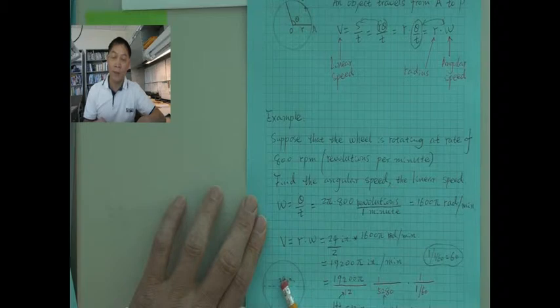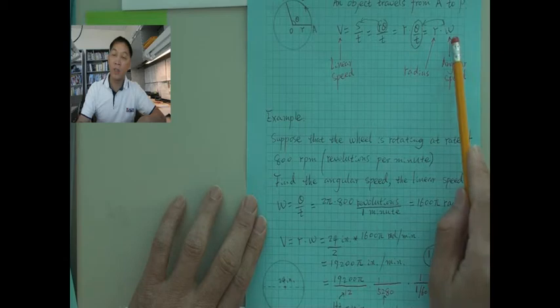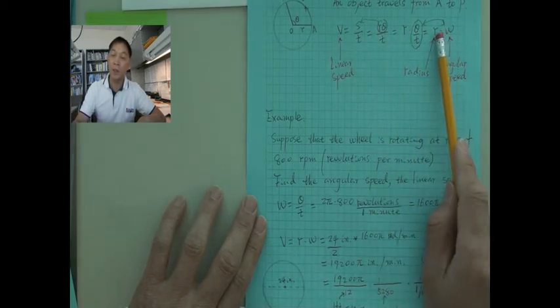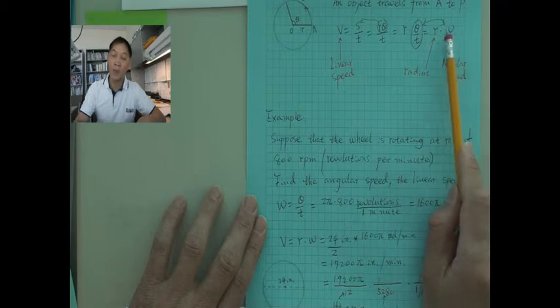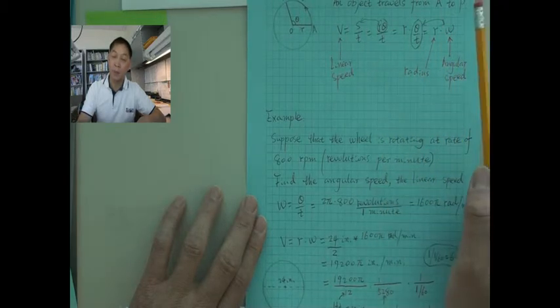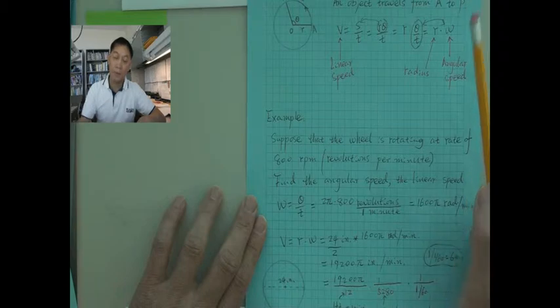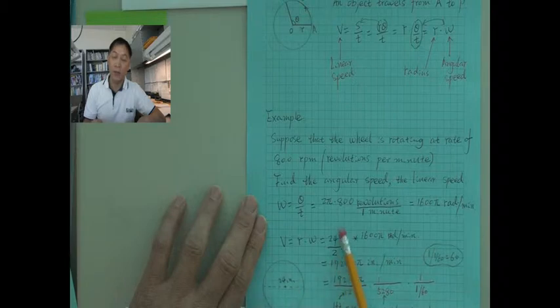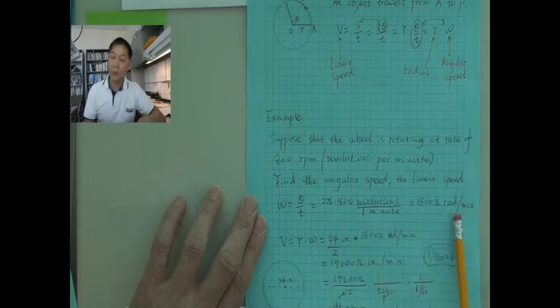Now we want to find the linear speed. If we know the angular speed, the linear speed is simply that multiplied by the radius. Do we know the radius? We know the diameter, that's 24 inches. So divided by 2 will be the radius. The radius times the angular speed.